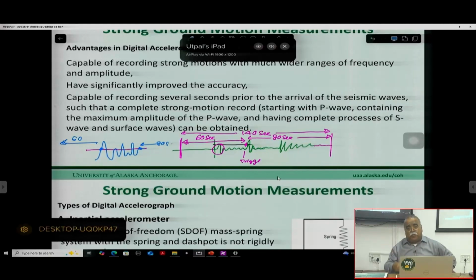But it's a parameter setting you have to do before you start recording. That is the parameter you have to set. Basically, if you go 60 seconds back, you might have captured the P wave. But if you say I require only 10 seconds, then you might not be able to record the P wave.